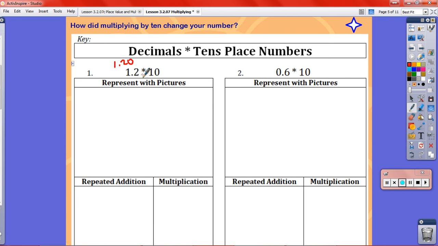So I'm going to go ahead and draw my picture. So this is 1 and 2 tenths, so I draw that as 1 whole and 2 tenths, using the same key as before. Whole, tenth, and hundredth.